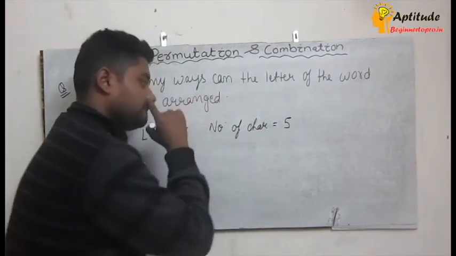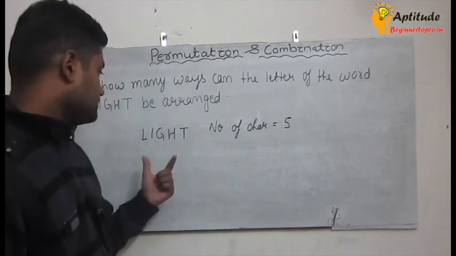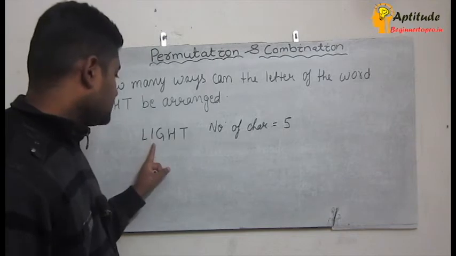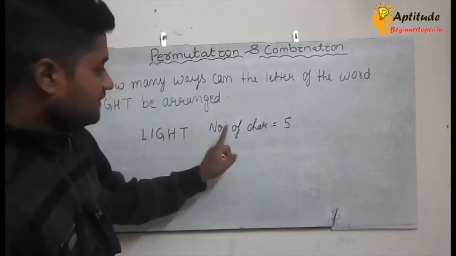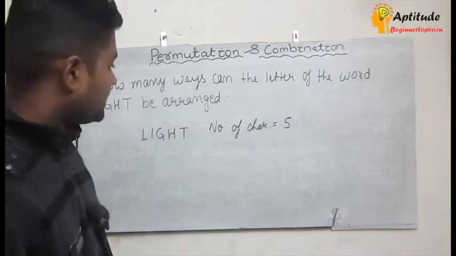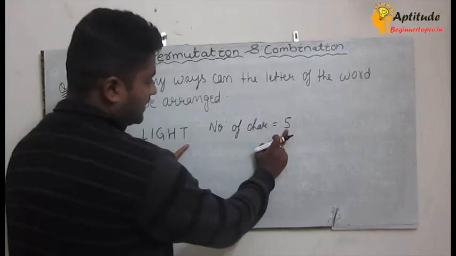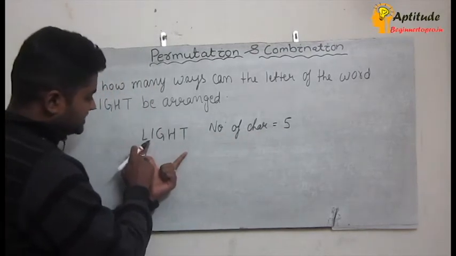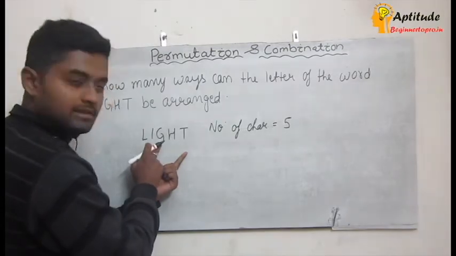is 5. Okay. So whenever in a question the characters are not repeating in the given word, then simply find the factorial of the number of characters. That's all. See, in light, the total number of characters is 5, and each character occurs singly.